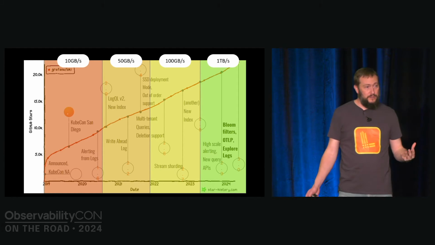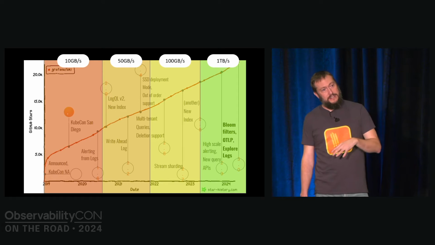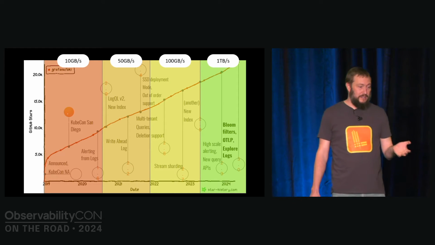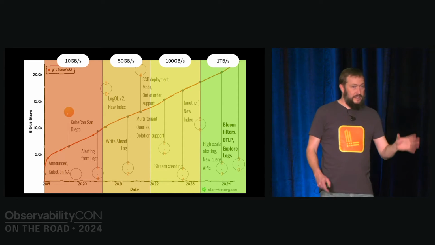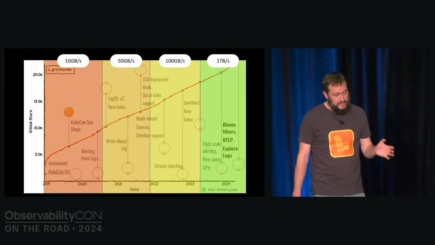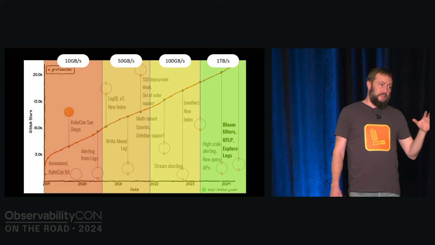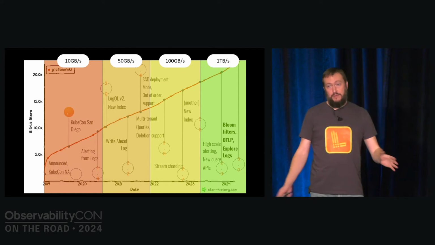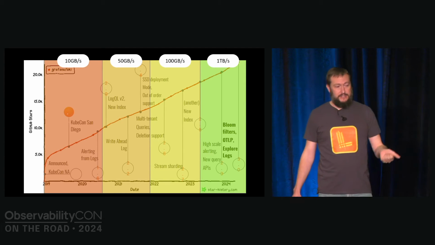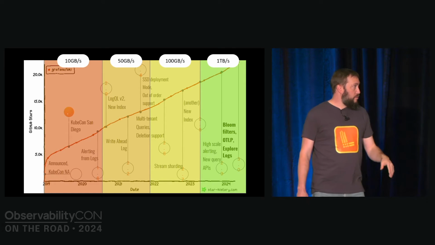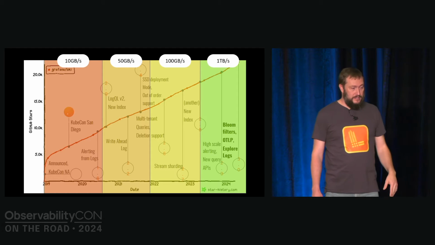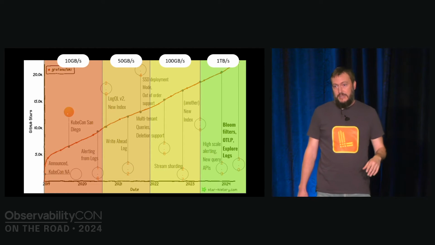I throw this slide in here too because the evolution of the idea has come a long way too. Loki was built on this idea that you don't need a big index to be able to solve a lot of logging problems, and instead you can rely on distributed systems ideas, parallelism, commodity computing, and the capabilities of object stores like GCS and S3 to obtain query throughputs now that are in the hundreds to up to terabyte a second for searching your logs.